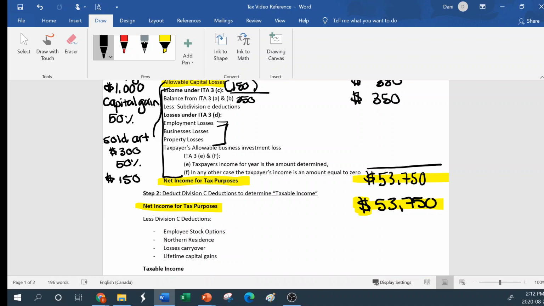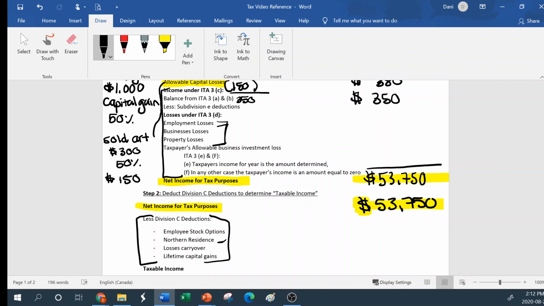Now, this part, again, is a little bit complicated. So normally, for example, there's the northern residence exemption. It's basically an added deduction if you lived in the Northwest Territories area where the cost of living is a lot higher. It's something that the government gives you in order to decrease your income every single year. But we're just going to avoid these deductions because they're a little bit too complicated for what we're dealing with in this course.